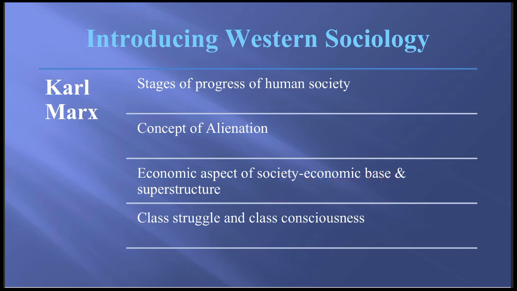On this base rested all social, cultural, and political institutions of the society, or the superstructure. So, institutions like religion, law, literature, art, or beliefs and ideas were all a part of the superstructure. Marx argued that people's ideas and beliefs originated from the economic system, that is, their material life shaped their ideas.